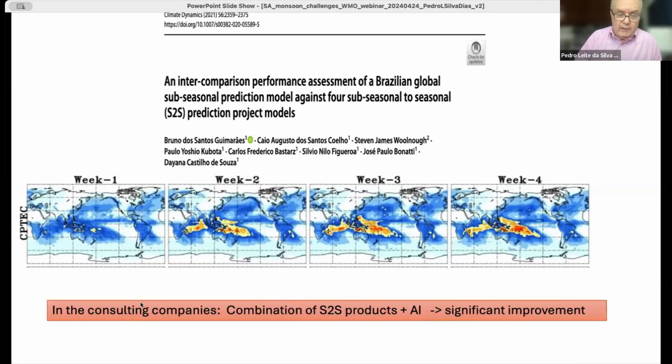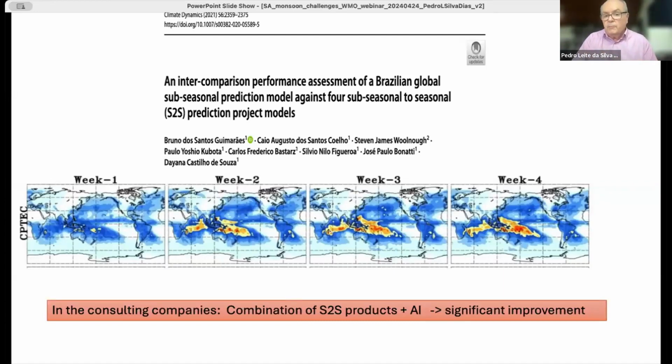As far as I know, talking to my colleagues at consulting companies, they have been using a combination of S2S products or extended forecast operation from ECMWF, for instance, plus machine learning techniques in order to get a significant improvement over the traditional numerical products.